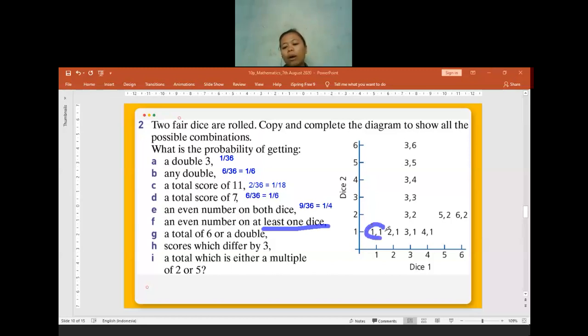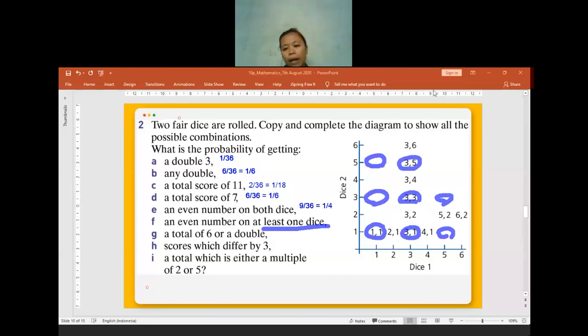So 1,1, 3,1, and then 5,1. Later I also have 1,3, 3,3, and 5,3. All of them are odd numbers, and then 1,5, 3,5, and also 5,5.